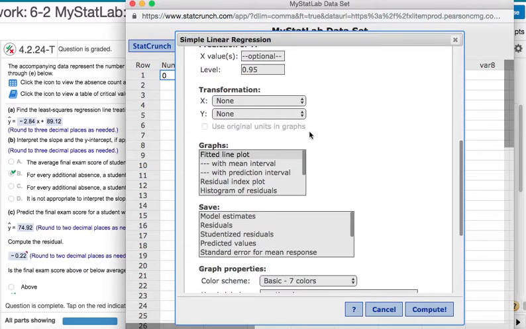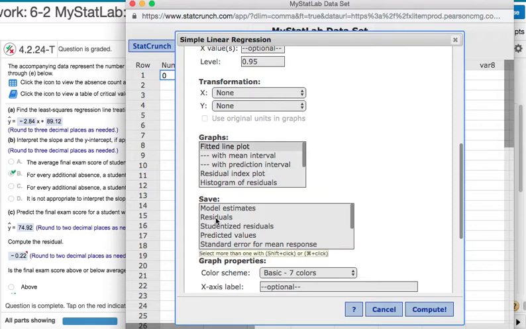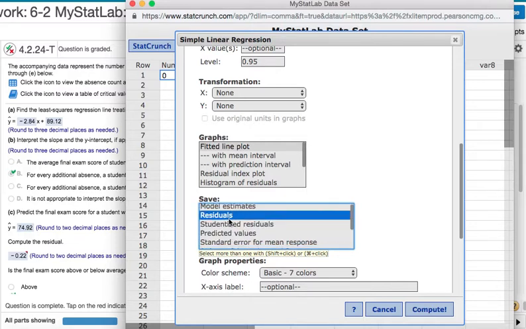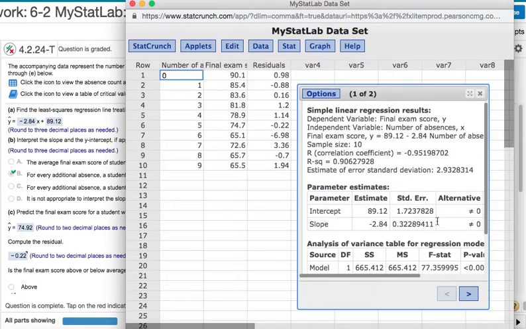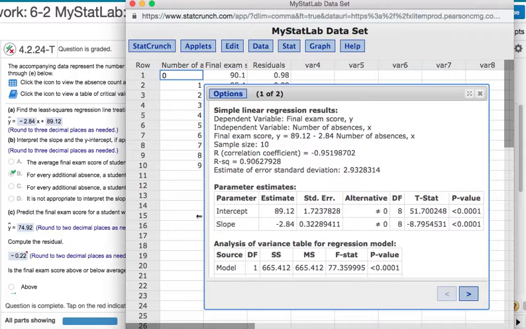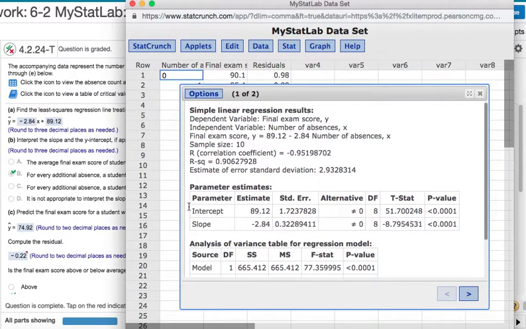Now, one thing that we're going to have to do later in this problem is figure out the residuals. So I'm just going to check that here for now so we don't have to do it later.